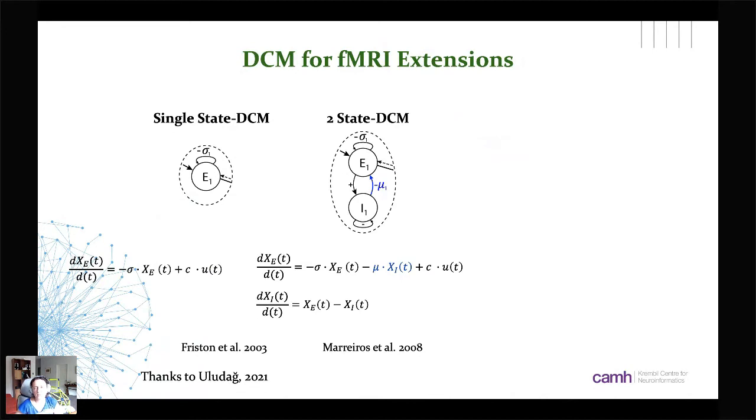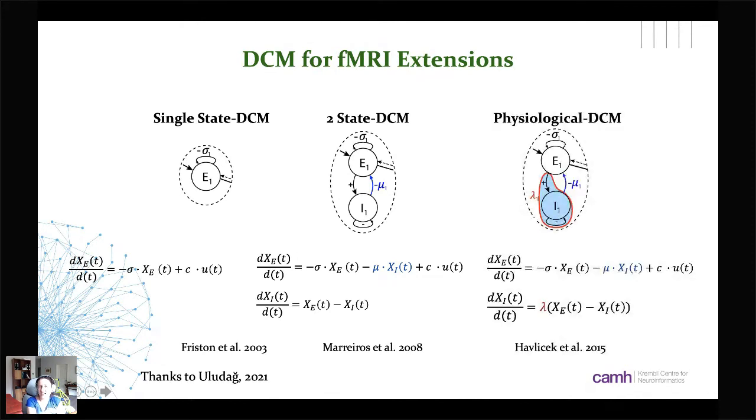This model is represented by two coupled linear differential equations that you see here. And the effect of the neuronal inhibition onto the excitatory population is introduced by negative feedback that is scaled by this parameter mu in this case.